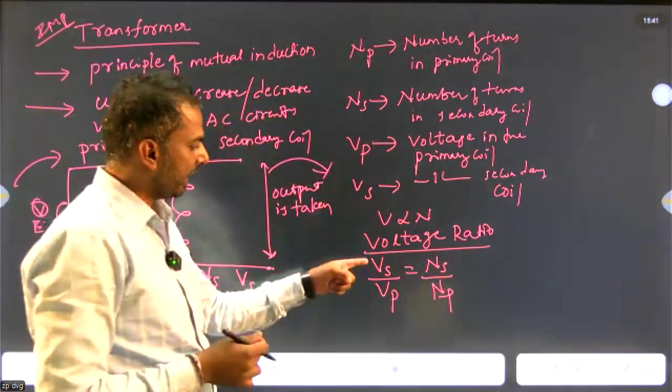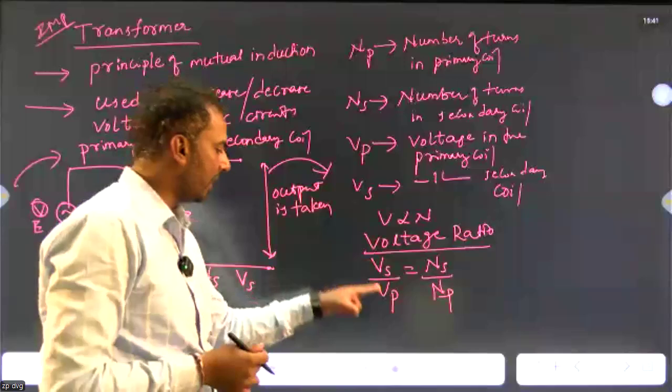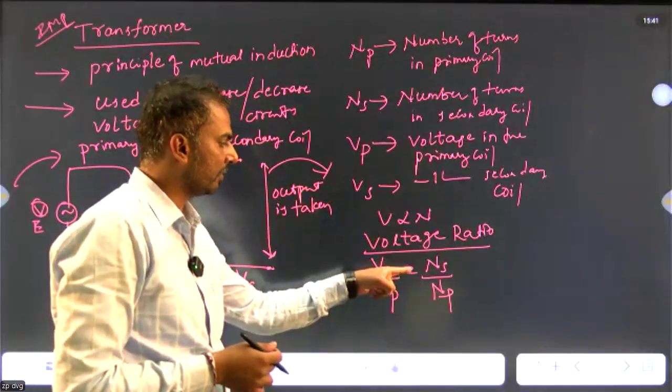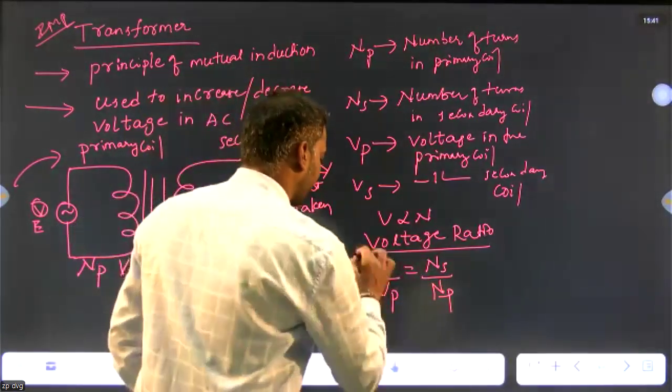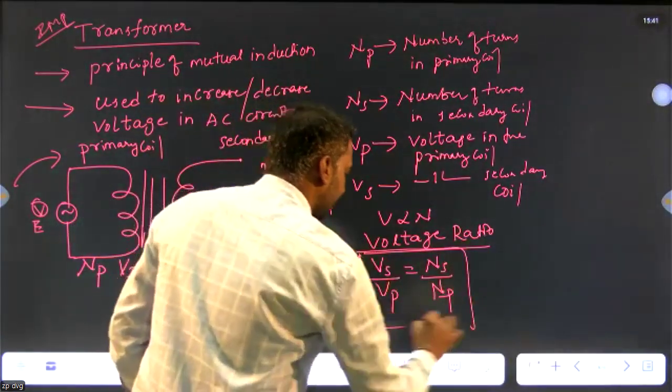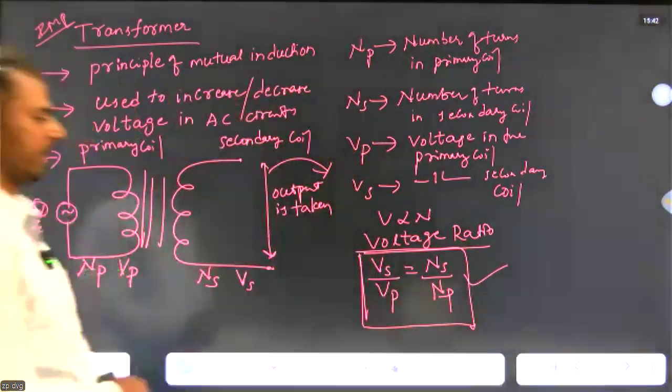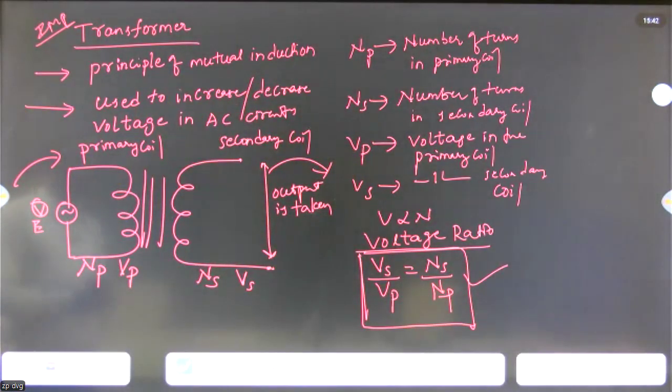The ratio of the voltage across secondary coil to the primary coil is equal to ratio of the number of turns in the secondary coil to the primary coil.